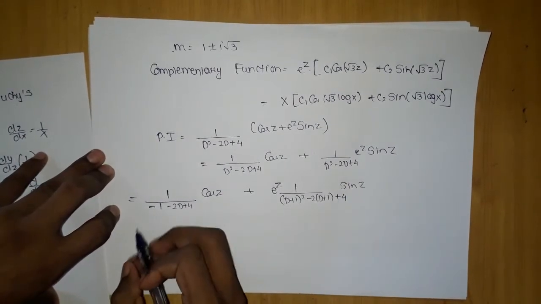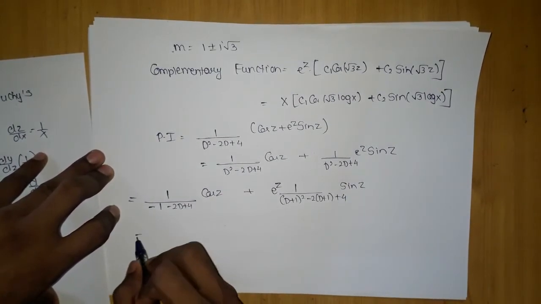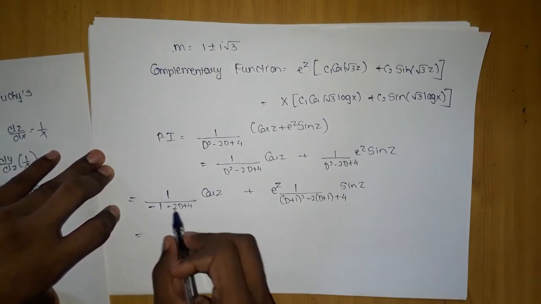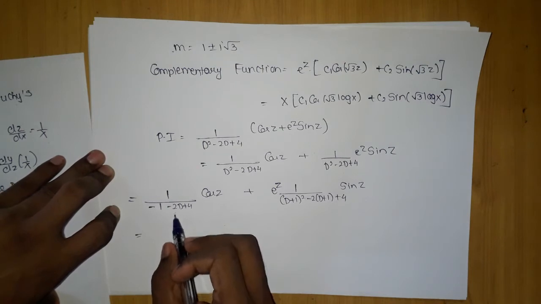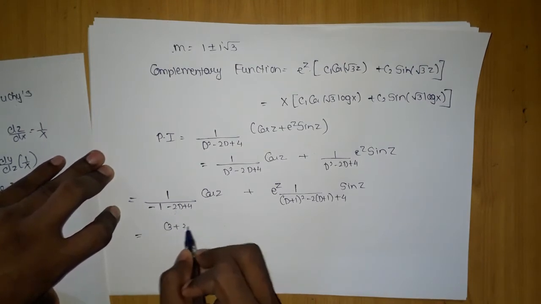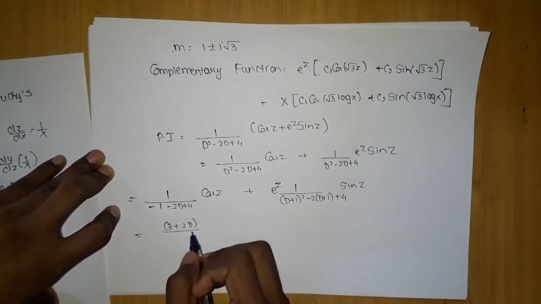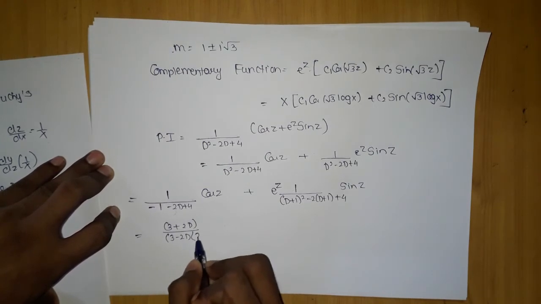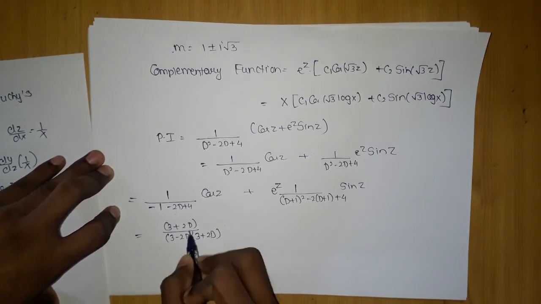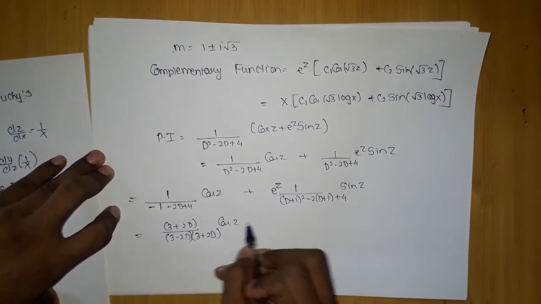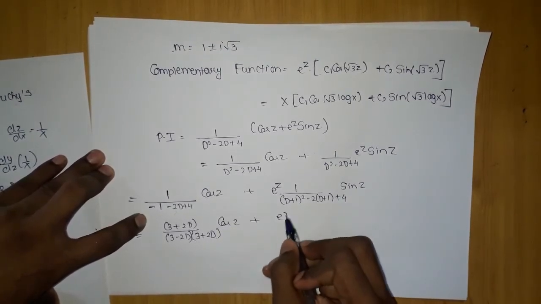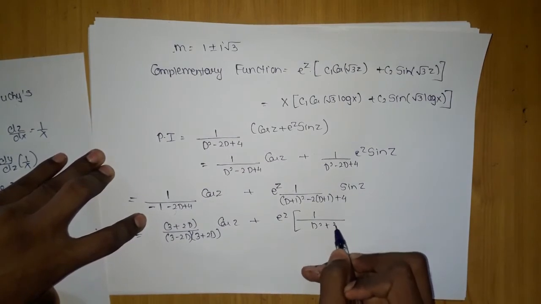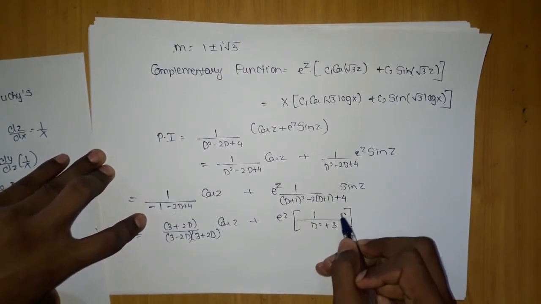Agree? So finally, what we are going to end up getting, if you notice, is 3 minus 2D, so we will rationalize by 3 plus 2D, right? Here it will become (3 minus 2D) and (3 plus 2D) into cos z, and here it will be e to the power z times 1 by (D squared plus 3) after simplifying, into sin z.